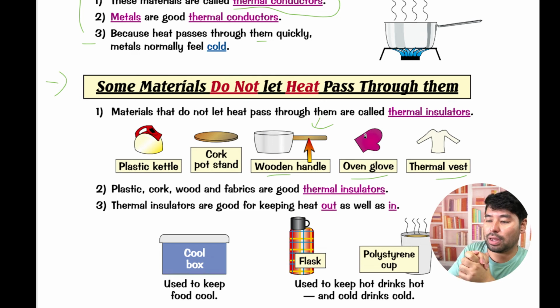All this material, yeah, they are made to not let heat pass through. That's why when we have a plastic kettle, if you have hot water inside of it and you put a lid on that, and if you close it, the temperature of the water inside is going to keep longer, right? Okay, and different from, for example, I'm going to give a very simple example to you.